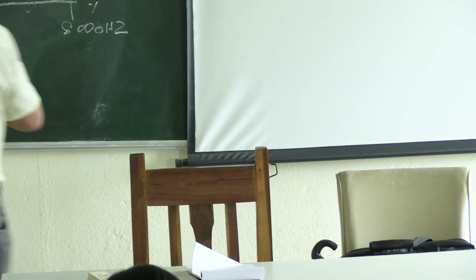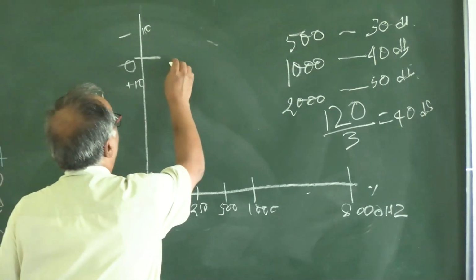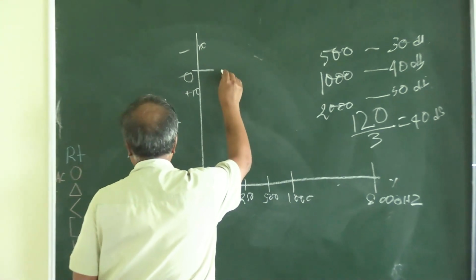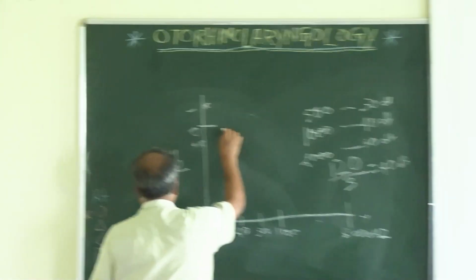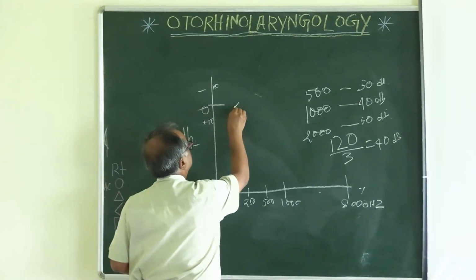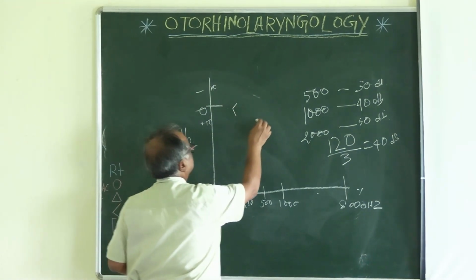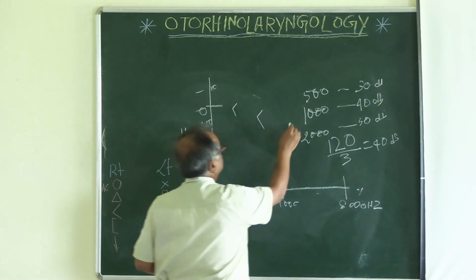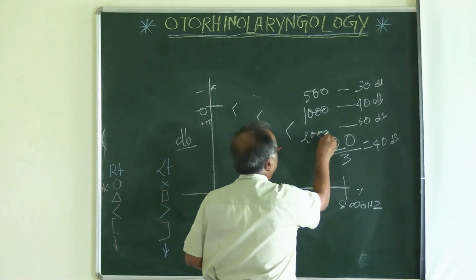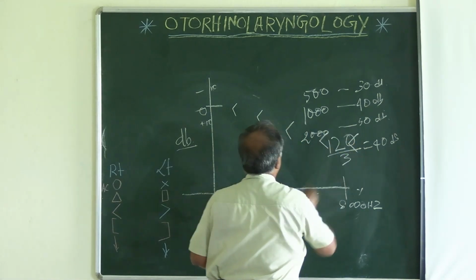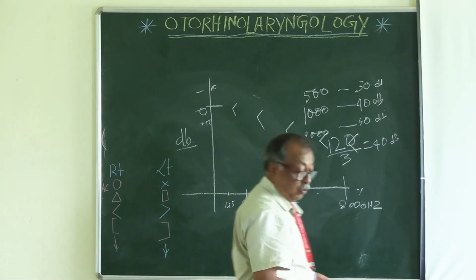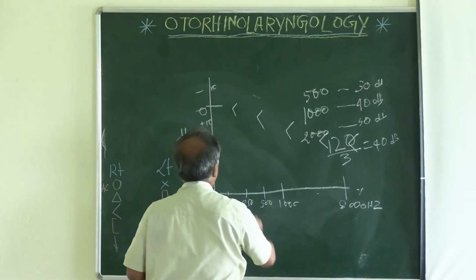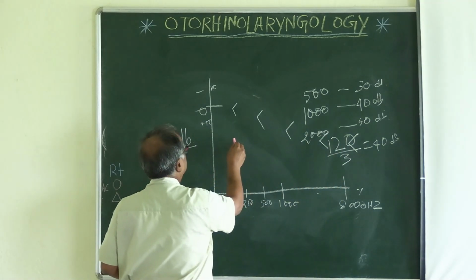Suppose the curve is like that. The bone conduction, and the air conduction, suppose it is like this.